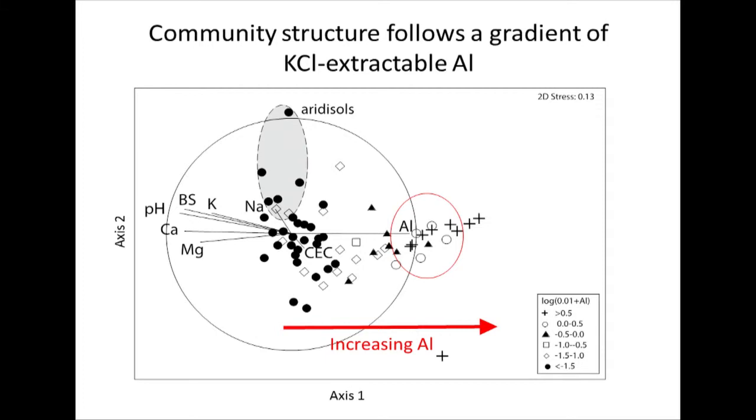For aluminum, that Pearson correlation coefficient is 0.94, which is very high. On the other side, though, we have equally high correlations with the other soil chemistry that includes base saturation, base cations, and pH, but we don't see that relationship with sodium or cation exchange capacity. I've also circled those samples that I consider outliers, the aridosols, and I removed those from subsequent statistical analysis.